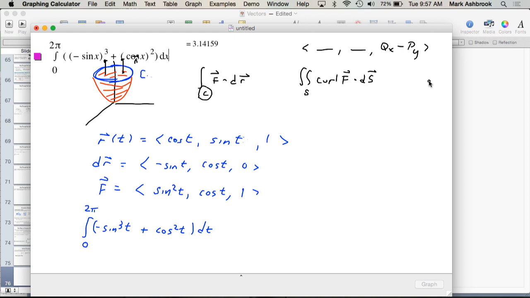So if everything is in the xy plane, then your curl just reduces to qx minus py, and you're doing Green's theorem. So Green's theorem is a special case of Stokes' theorem in the xy plane. If it felt like Green's theorem, then that's correct.